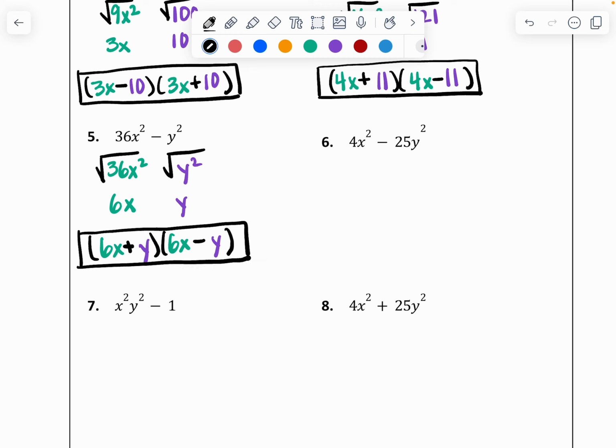Number 6, take the square root of 4x squared. Square root of 4 is 2. Square root of x squared is x. And the square root of 25y squared is 5y.